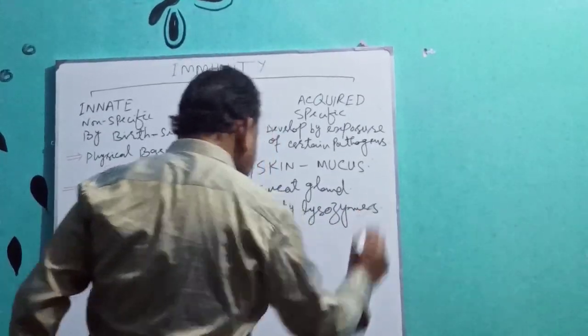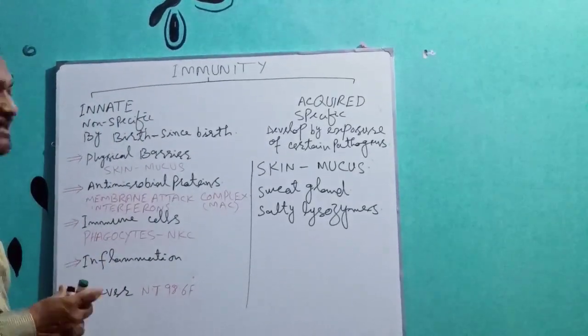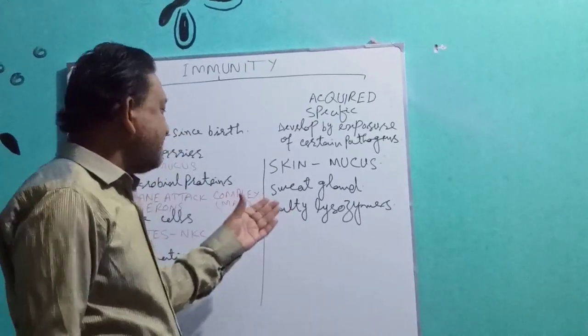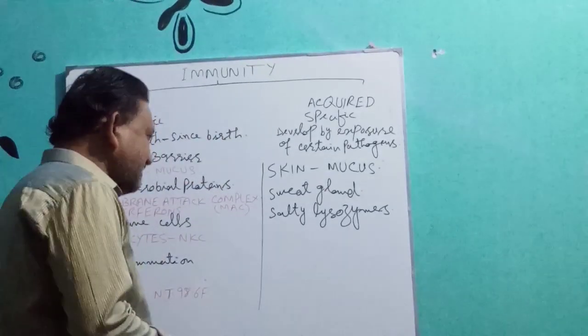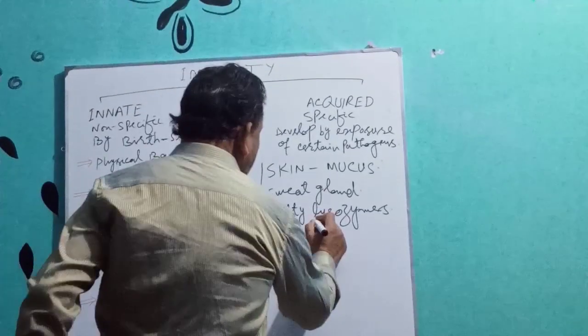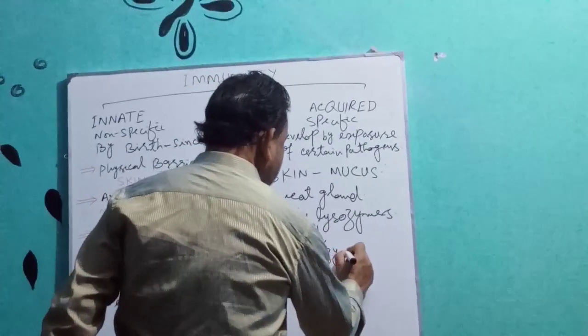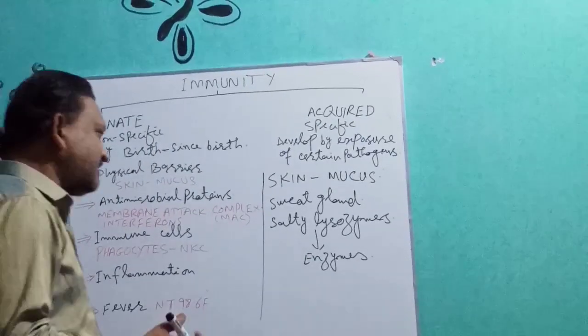lysozymes, especially in summer when we perspire, we secrete the salty lysozymes, which contain enzymes, and these enzymes kill the bacteria and viruses or other pathogens.